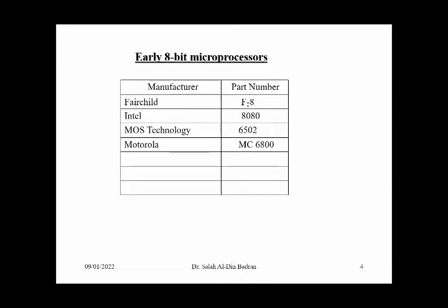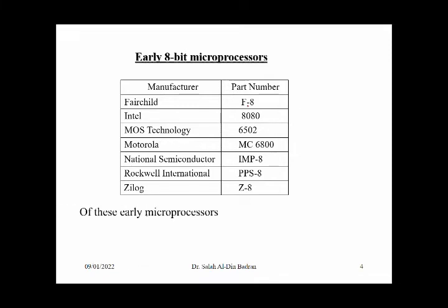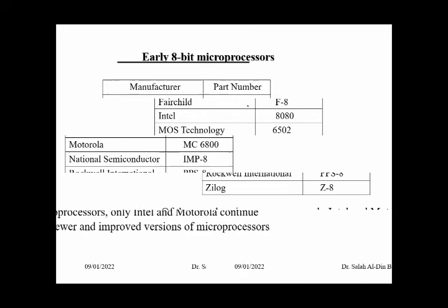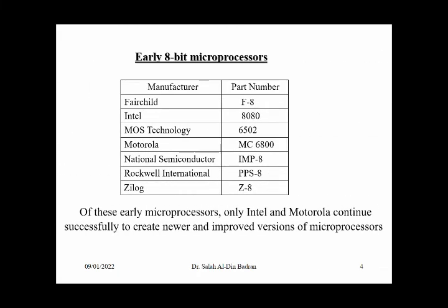For Motorola, MC6800. For National Semiconductor, IMP-8. Rockwell International, PPS-8. Zilog, Z8. Of these early microprocessors, only Intel and Motorola continued successfully to create newer and improved versions of microprocessors.